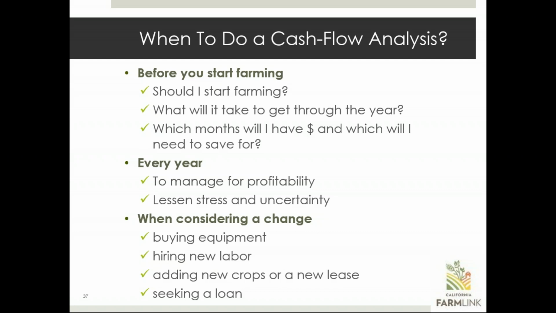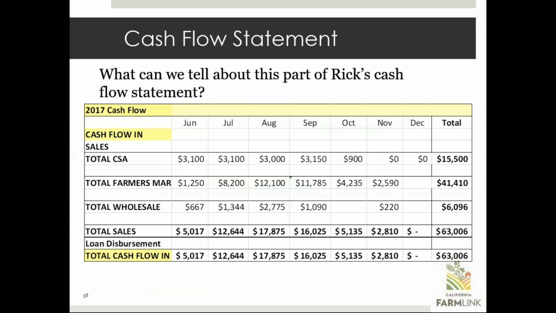So if you go to the next slide, there's an example of part of a cash flow statement. And the interesting thing about the cash flow statement is that it's hard to fit it on one screen. And so here we're looking at 2017 cash flow for Rick's farm, but just the last 7 months and only the cash flow in.